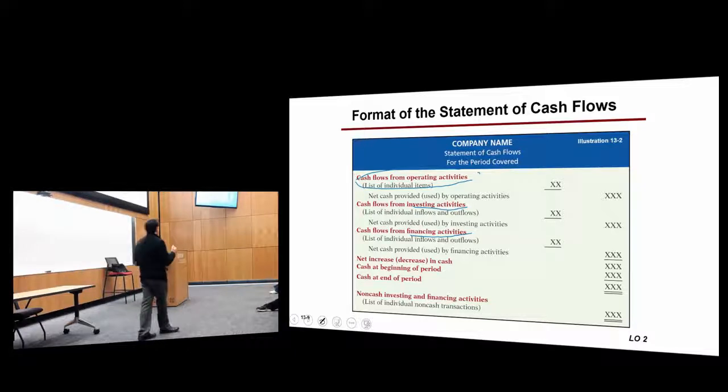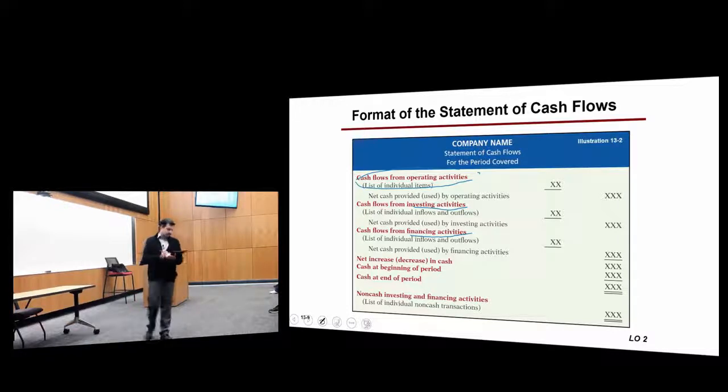If you have more cash inflows than cash outflows, then you have net cash provided by operating activities, net cash provided by investing activities, and by financing activities. And then you calculate the net increase or net change. So it could be a net increase or net decrease in cash.